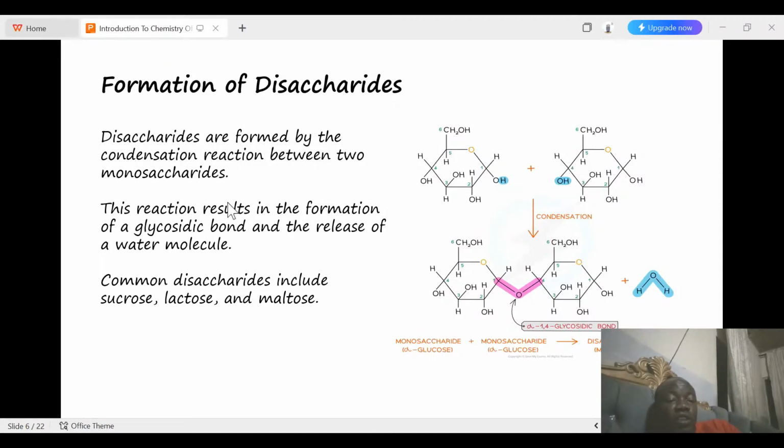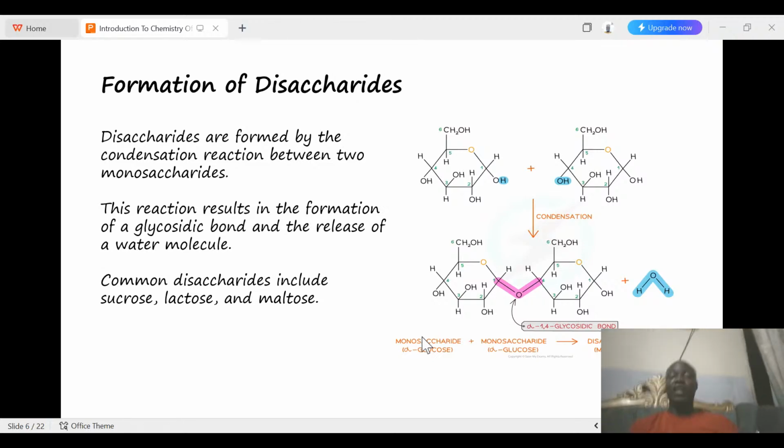So now the next thing is the formation of disaccharide. That is where we are. You see, a monosaccharide is joined with another monosaccharide through an alpha 1,4 glycosidic bond. This alpha 1,4 glycosidic bond is formed as a result of a condensation reaction, where we have two molecules, and one molecule of water will be removed.